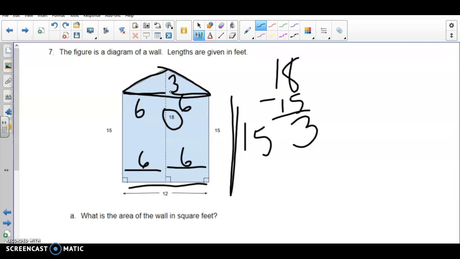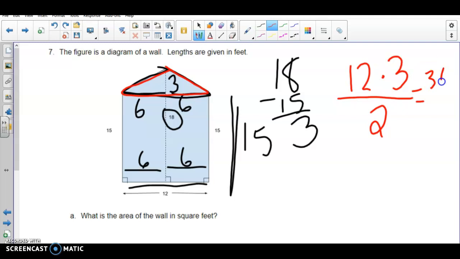So that whole triangle, and I'll outline it in red, is 12. That's the base times the height 3, and then we're going to divide by 2. And 12 times 3 is 36, and 36 divided by 2 is 18. So I do know that that triangle right there has an area of 18.